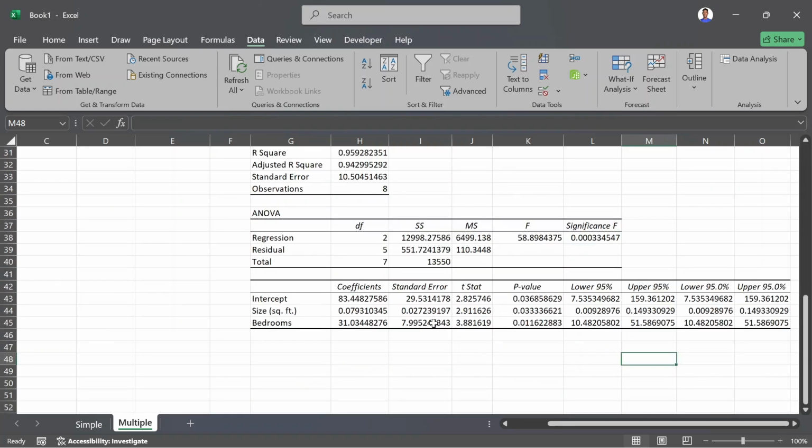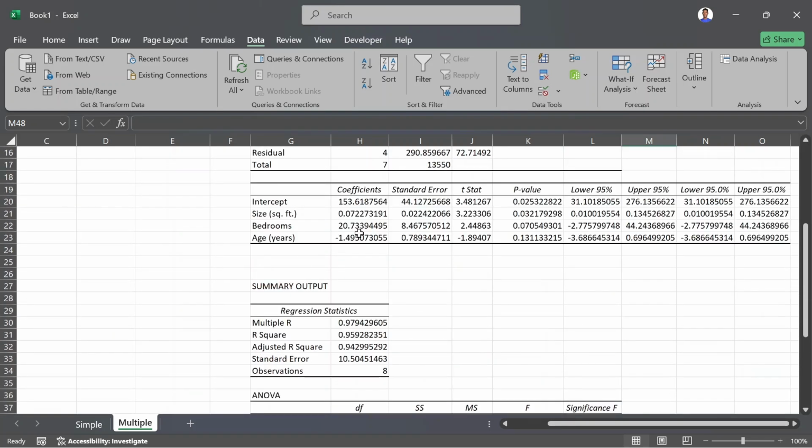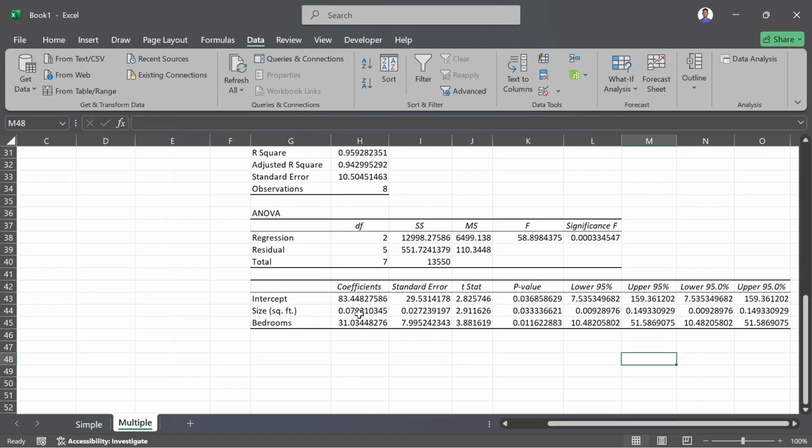Now, the regression equation over here is going to give us a different equation. The coefficient, that is the beta naught, will be 83.448, and then we have beta 1 to be 0.0793, and then beta 2 will be 31.034, which are all different from the previous one, and this one gives us another equation.